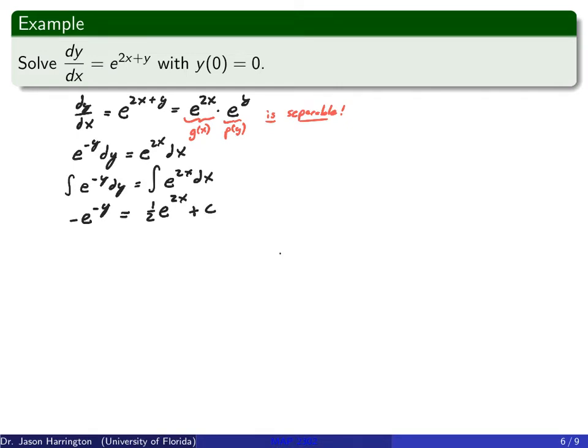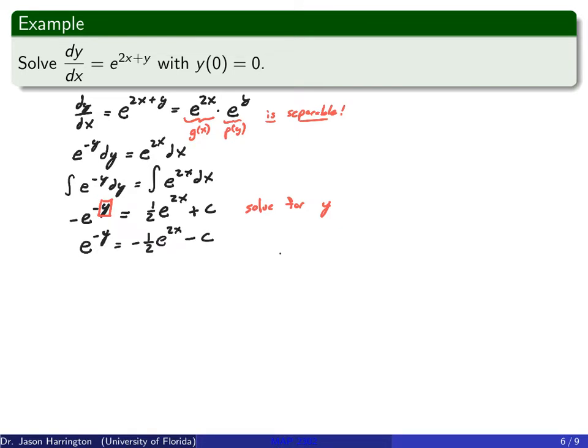Now, this is a solution, but what I want to do is solve for y. So I want to solve for this little term there to get an actual equation for this. So I'm going to multiply both sides through by negative, and I get e to the negative y is equal to negative 1/2 e to the 2x minus c.